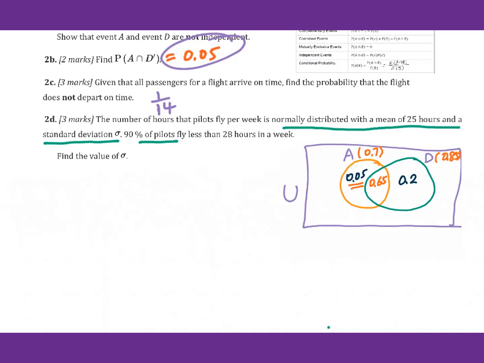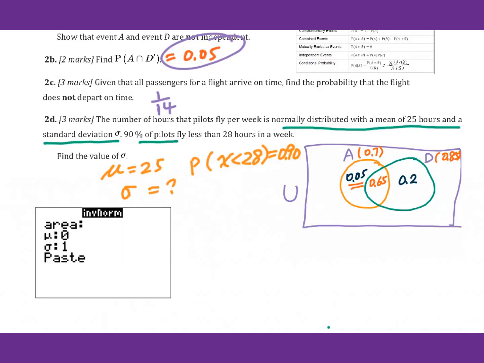According to this given information, we know that mean is 25. Probability x less than 28 is 0.90. Then we're looking for this sigma.